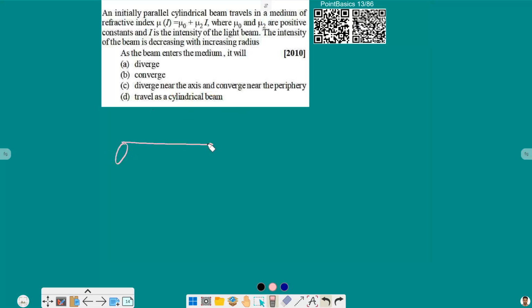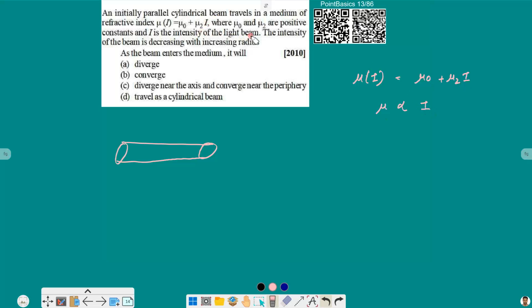So suppose this is our cylindrical beam. Now, as mentioned here, refractive index mu means refractive index is varying with intensity. So it is mu naught plus mu 2 I. So basically we can say refractive index is going to be proportional to intensity.